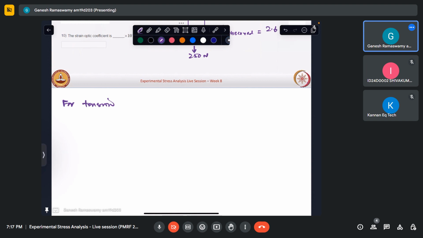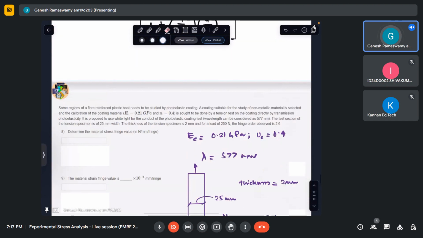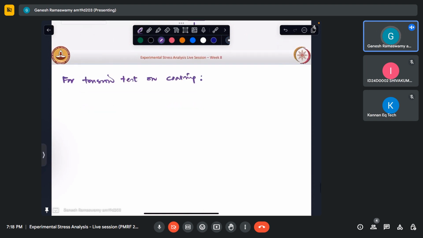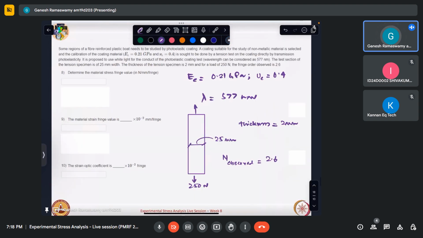On the coating, I have sigma 1, which is equal to sigma y, if I consider this to be x and this to be y. So sigma y is nothing but the load applied, 250, by 25 into 2, which is my cross-sectional area. So what is the stress that is coming? 250 by 50 is 5 MPa.